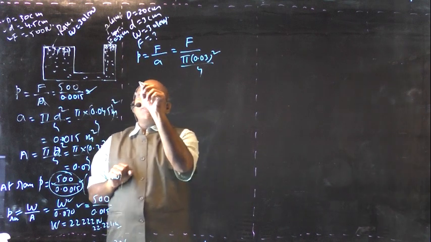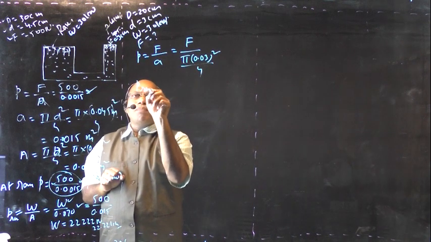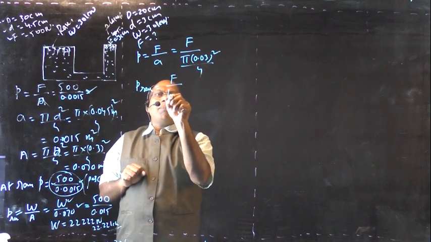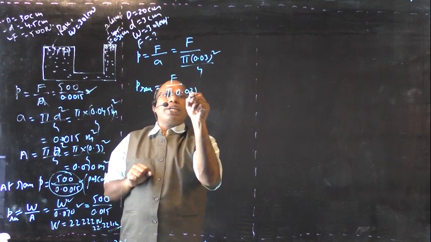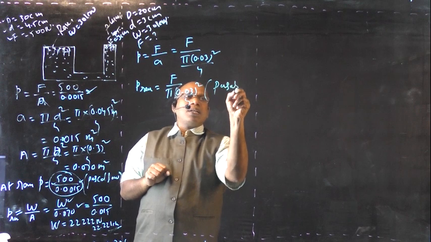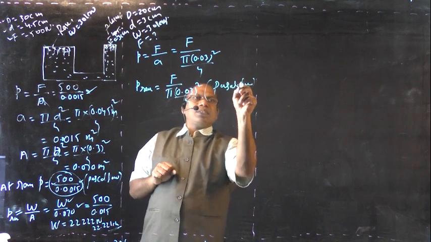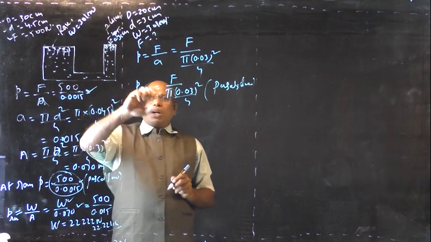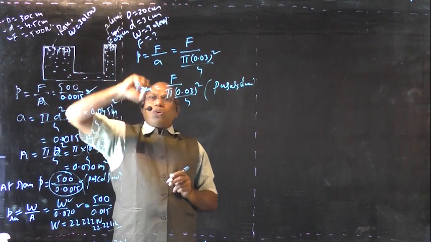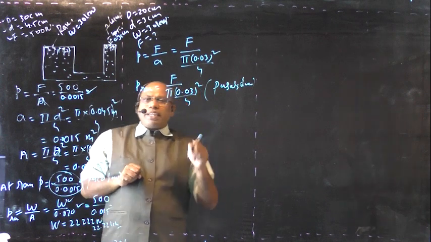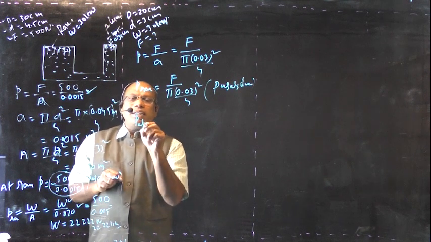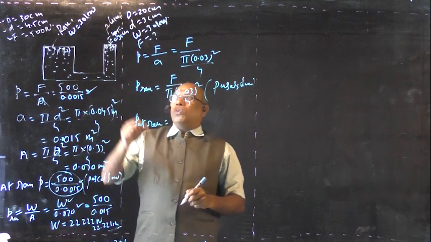Based on Pascal's law, pressure intensity at the ram is equal to the same pressure intensity, that is F divided by pi 0.03 square divided by 4. Now the weight lifted at the ram is given, that is 30 kilonewtons. As per the given data, pressure at the ram is equal to weight by area.